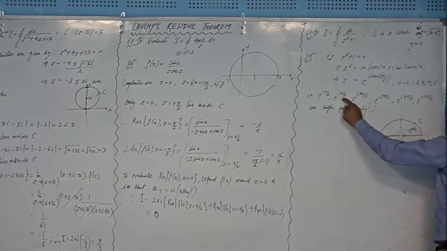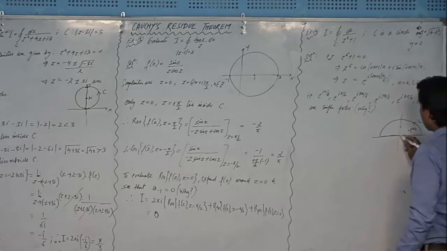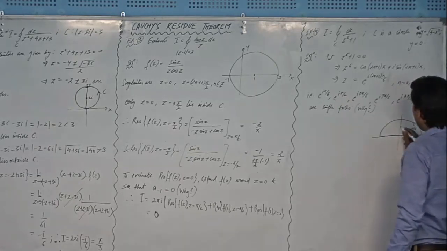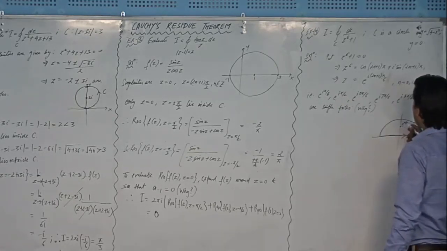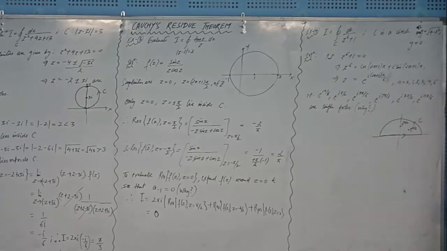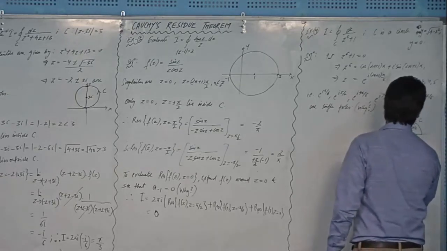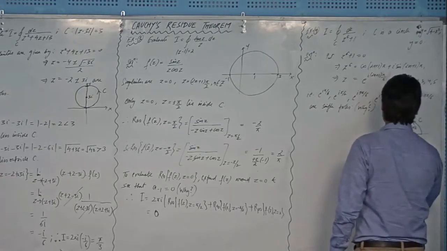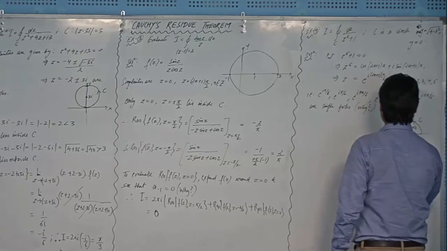Similarly, the next point, pi by 2, means a 90 degree angle. The value will be here, e to the power iota pi by 2, right? And another is 5 pi by 6. It means pi minus pi by 6, 30 less than 180, 150, something like here, e to the power iota 5 pi by 6.